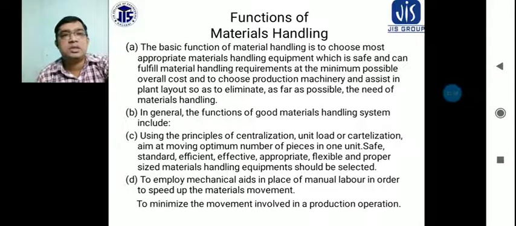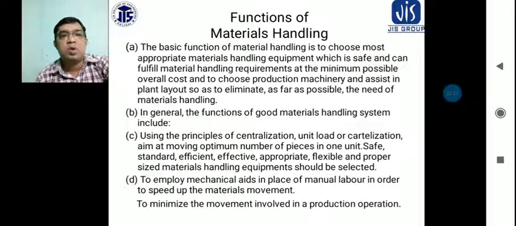Different functions are considered according to materials handling. The basic function of materials handling is to choose the most appropriate materials handling equipment which is safe and can fulfill materials handling requirements at the minimum possible overall cost, and to choose the production machinery and assist in plant layouts, so as to eliminate as far as possible the need for materials handling.